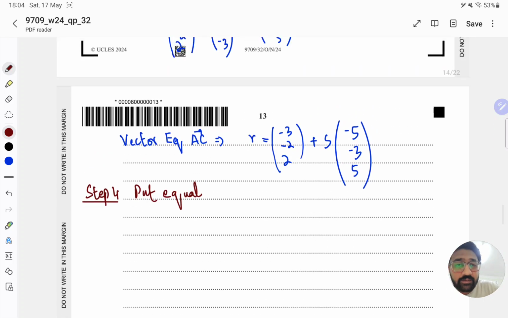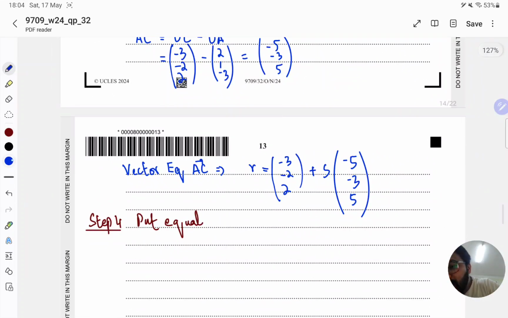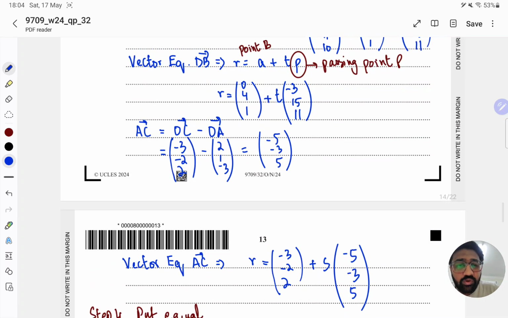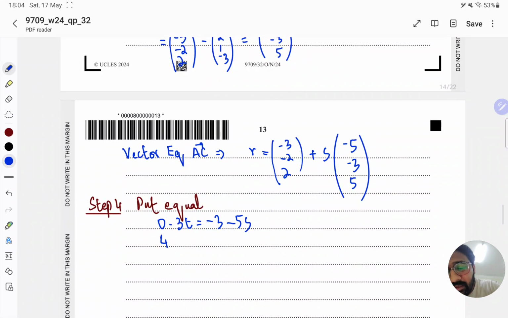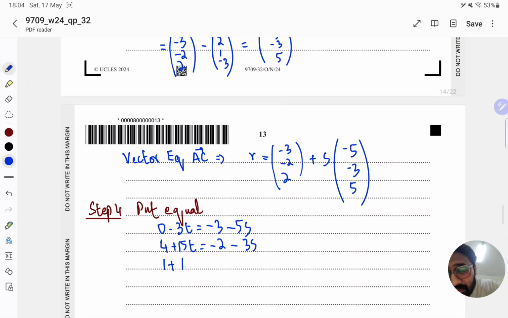So it will be 0 minus 3t, which will be equal to minus 3 minus 5s; 4 plus 15t, which will be equal to minus 2 minus 3s; and 1 plus 11t, which will be equal to 2 plus 5s.